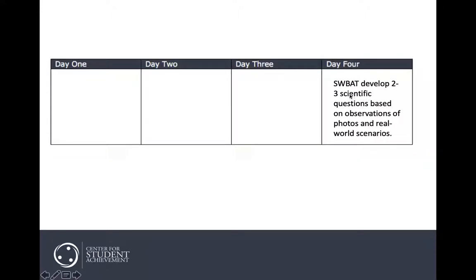Then I look at this whole thing and think, the thing I know my students will mess up on is a scientific question. They're going to ask things like, why is the grass green? It's a great question. It involves science, but it's not testable by a hypothesis. Whereas, does the amount of nitrogen in the water affect the number of people who like the drink? Something like that.